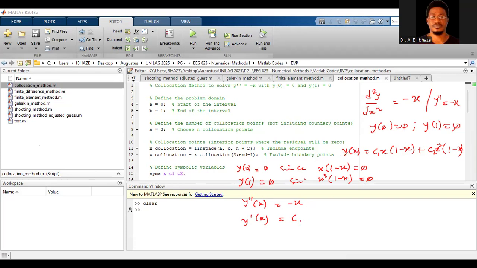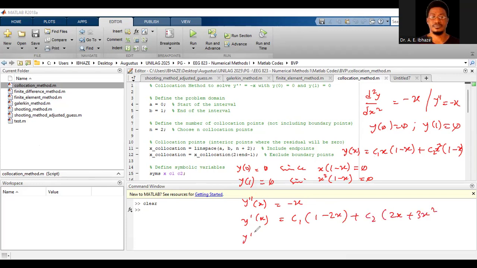If we differentiate the trial function, the first derivative will be C1 (1 - 2x) plus C2 (2x - 3x squared).